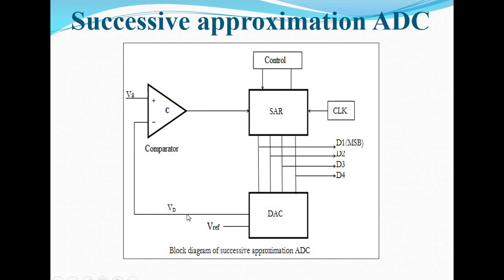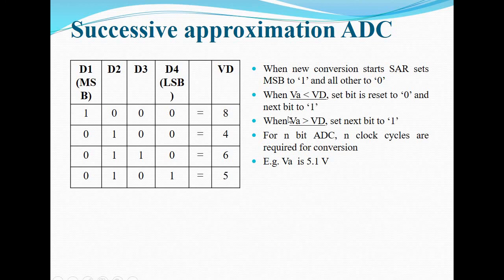So our VD value is 4 and VA value is 5.1. Now VA is greater than VD. So this is the second case: VA is greater than VD, so we set the next bit to 1.